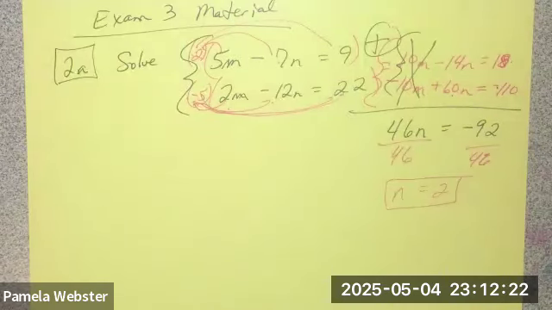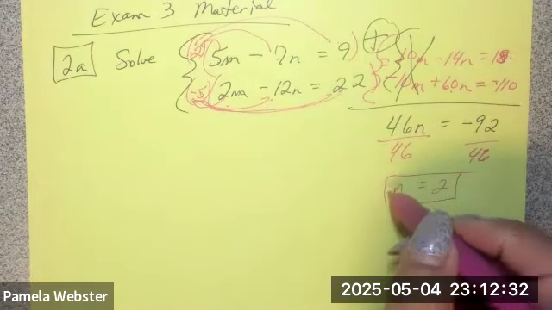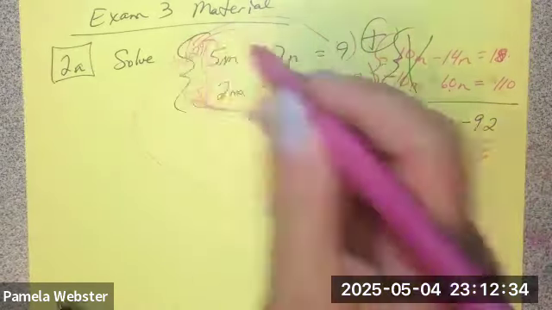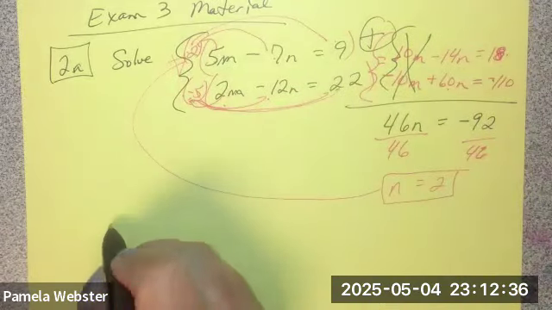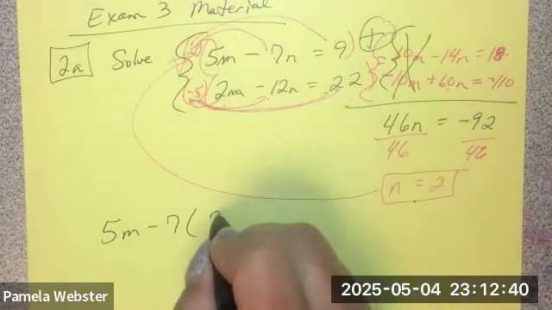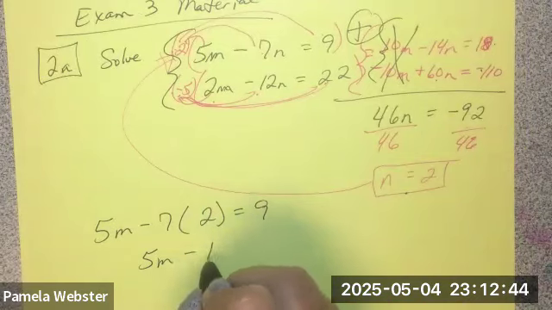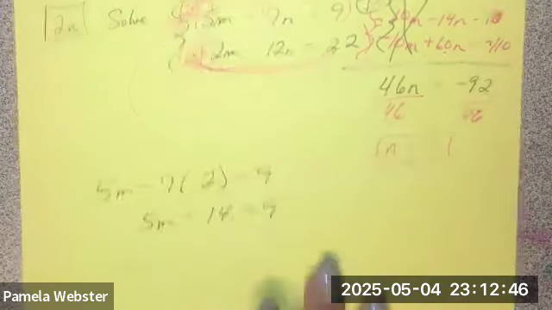So I've got n equals 2. Am I finished? No, you're not finished until you have an m value as well, right? So I'm going to take this 2 and plug it right there. 5m minus 7 times n equals 2 equals 9. 5m minus 14 equals 9.